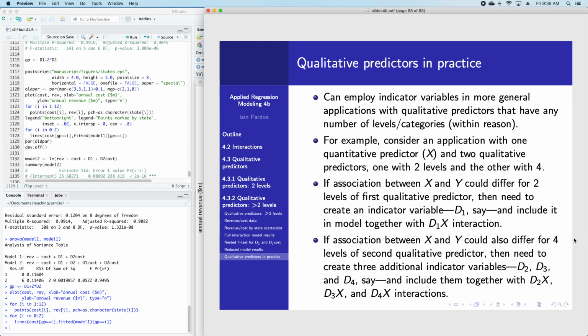Again, as we've talked about before with model building in general, you have to not make things too complicated, because you can end up either overfitting the data or end up with overcomplicated models that are very hard to interpret. So this should be done judiciously, and within reason here.